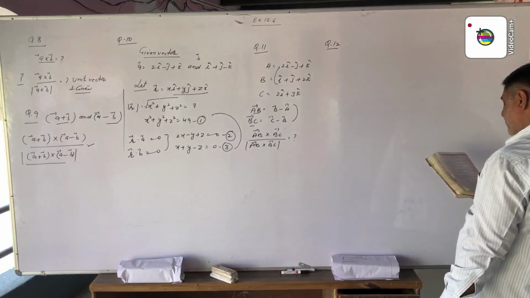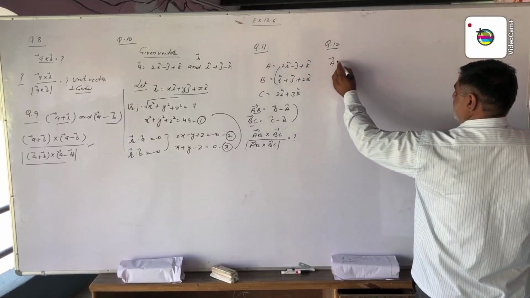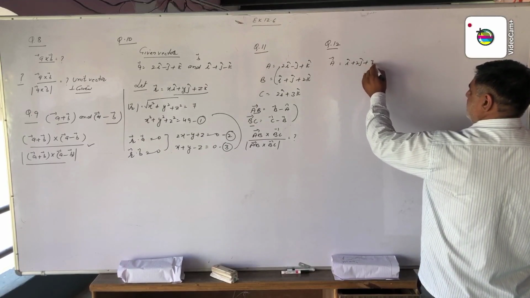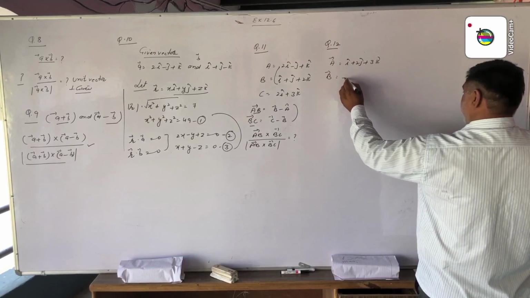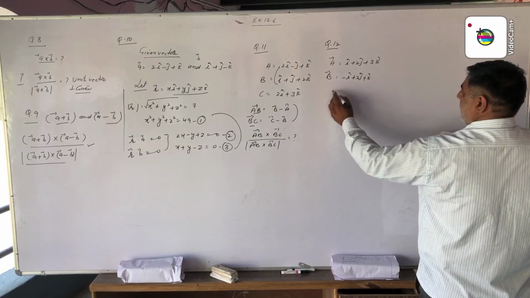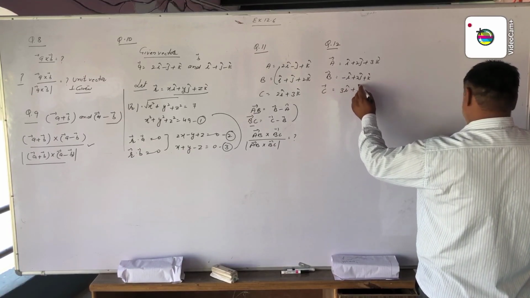Now question number 12 has vectors A, B, C. Find a unit vector in the direction of the resultant vector. Vector A is i plus 2j plus 3k, vector B is equal to minus i plus 2j plus k, and vector C is equal to 3i plus j.